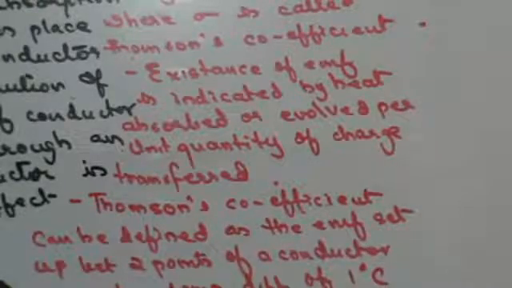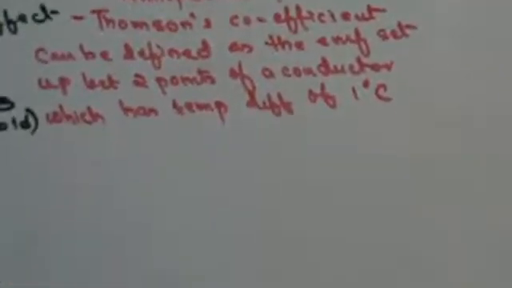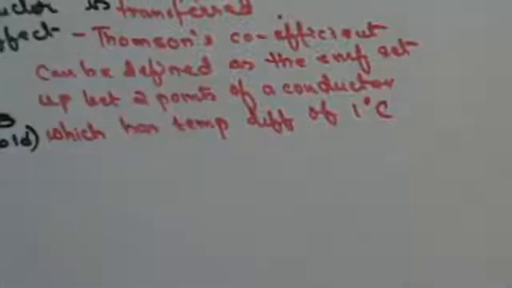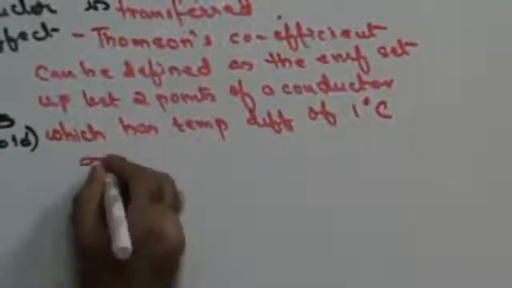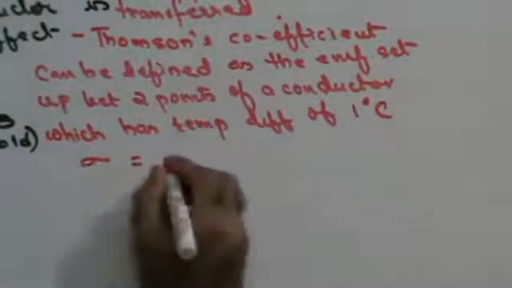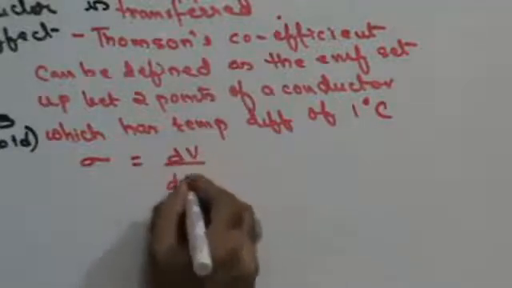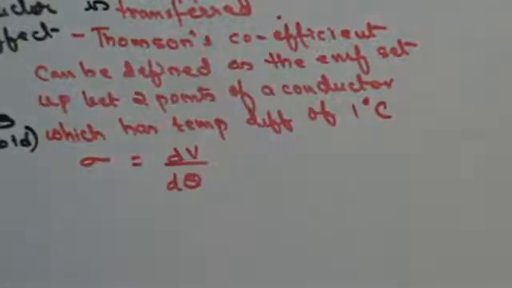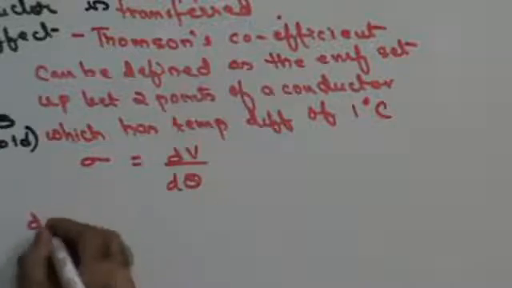So Thomson's coefficient is how much EMF would be developed between 2 points of the conductor if the temperature difference between them is 1 degree. Thus Thomson's coefficient is nothing but dV by d theta, where dV is the small potential set up between the 2 points of the conductor.